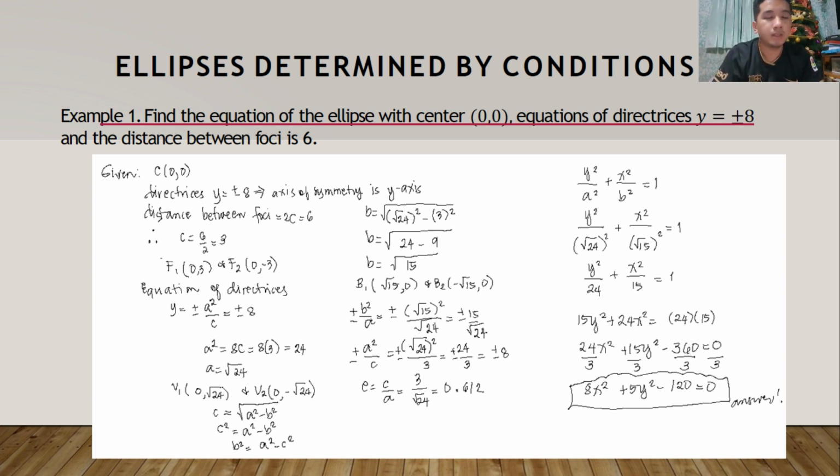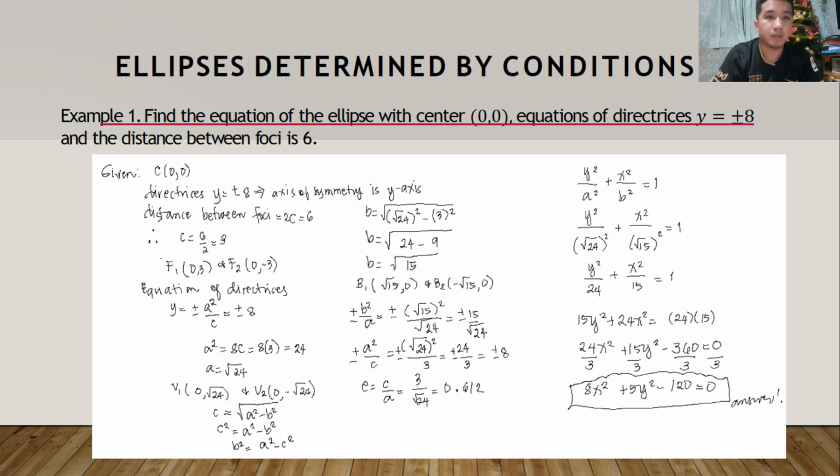So our b equals the square root of the square root of 24 squared minus 3 squared, which will be b equals the square root of 24 minus 9, and b equals the square root of 15, which will be our B1 is (square root of 15, 0), and our B2 is (negative square root of 15, 0).